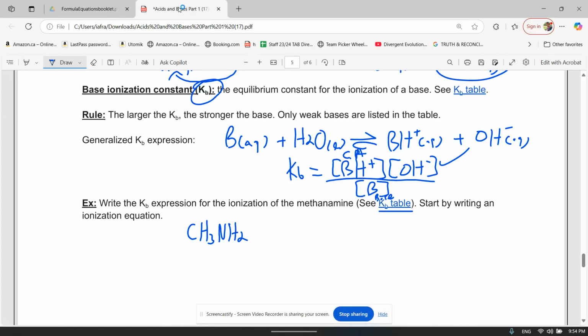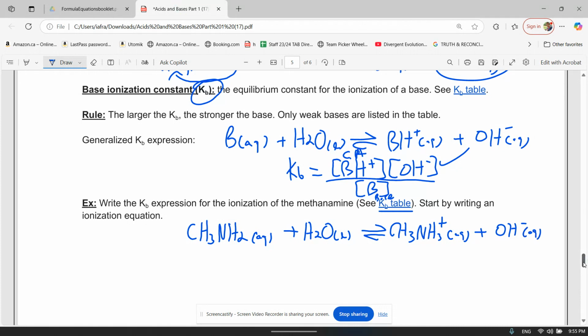You can also remember it from organic chemistry. Because it is a weak base, since it's an amine, we're going to make it react with water, a liquid. We're going to do our double arrow. It's a base, so it's going to receive an H, and it's the N part that receives the H, so we're going to have CH3NH3 plus aq. That's our conjugate acid now. And then we're going to have some OH minus aq.